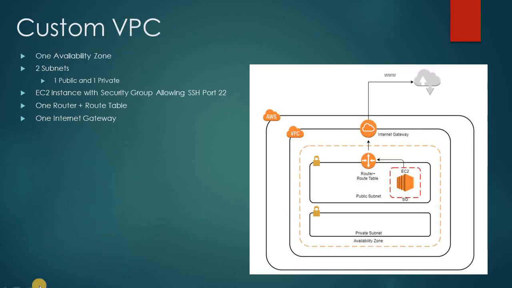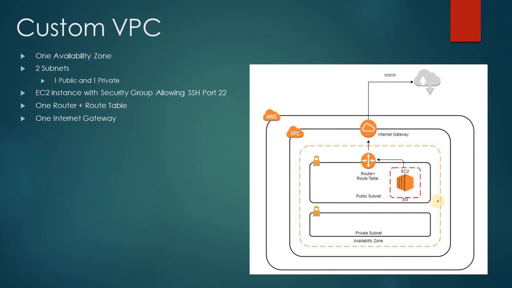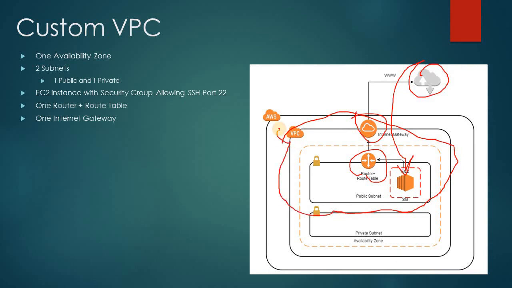So now the public, outside people, internet people, can access our EC2 server through the route table and internet gateway. So this is not private anymore, this has become public.